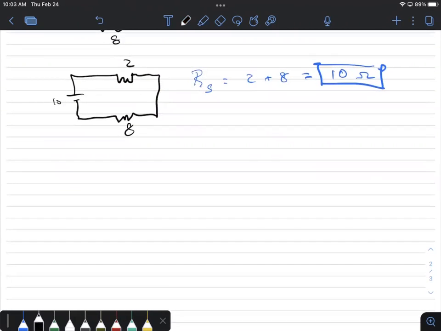All right, let's try another one. Let's see. How about this?